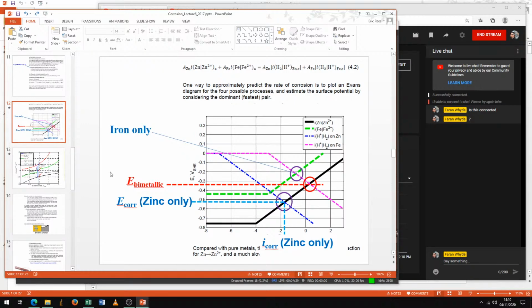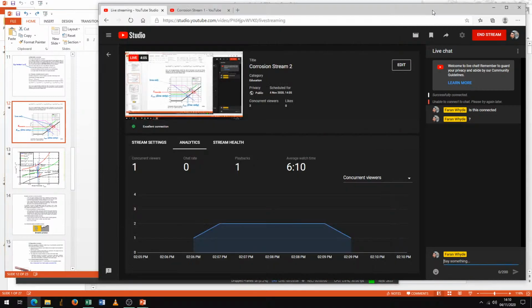You say there's effectively only zinc dissolution, zinc anode, and hydrogen evolution taking place on the iron cathode, but the hydrogen evolution taking place on the zinc is negligible, and any iron dissolution or plating is negligible. So you simplify the 4 reaction surface to just 2 reactions, and you solve for a 2-electrode corrosion cell.